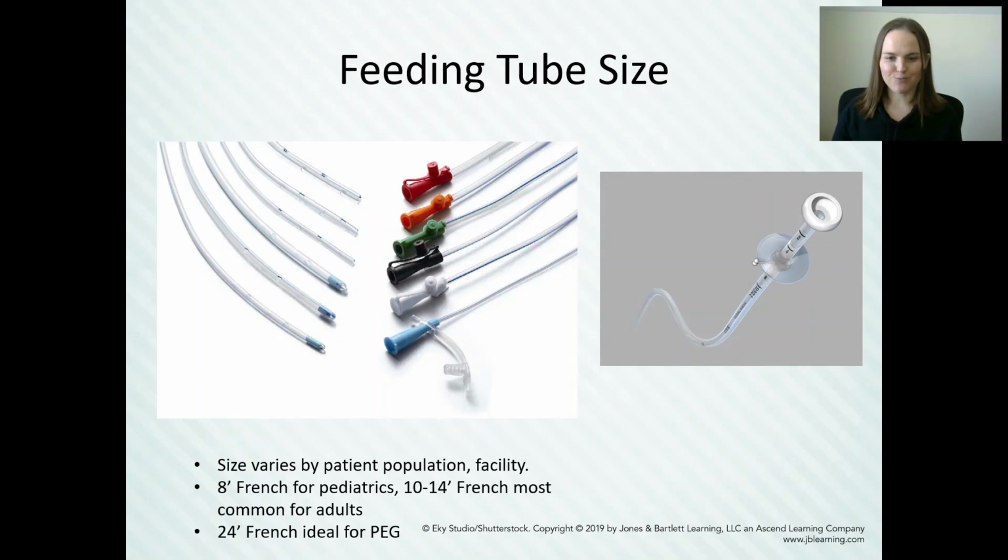And oftentimes you won't have a ton of options with the tubes, depending on your facility. And then for the PEGs, usually a wider tube, since that's sitting in the stomach opening, we can tolerate a little bit wider of a tube. So a 24 French tube would be more ideal for a PEG.